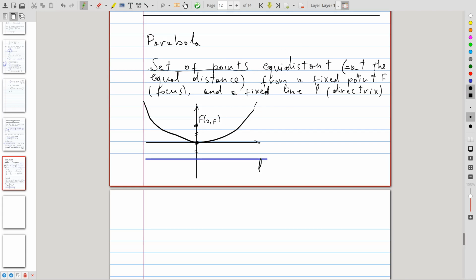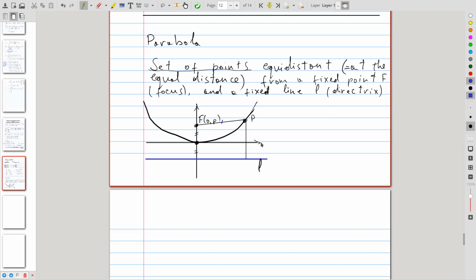And so basically, by this geometric property, what it says is every point on the curve, say this one, is such that this distance from point F to this point on the curve is the same as the distance from point P to the line L. And so these two distances I want to denote as equal.